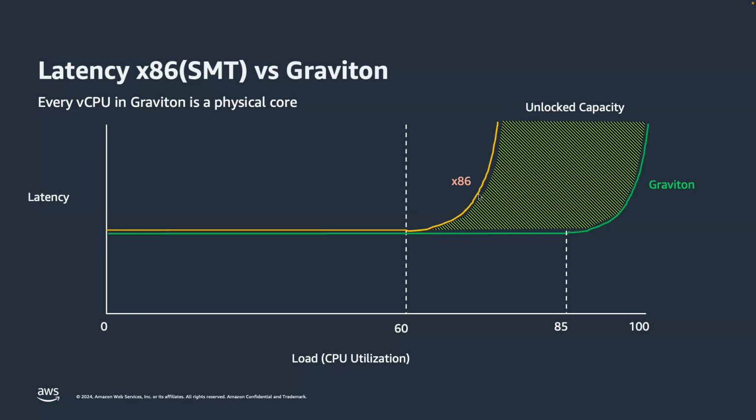That is why most of you who are running the horizontal pod autoscaler will be scaling out at the 50 to 60% mark. But with Graviton, when you run the HPA, you can increase that threshold to 80% or even 90%. And when you do that, you unlock this shaded area, which is the unlocked capacity.